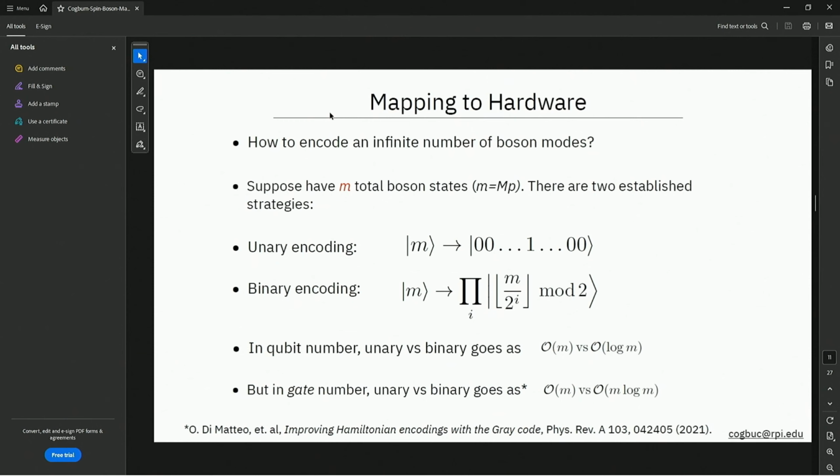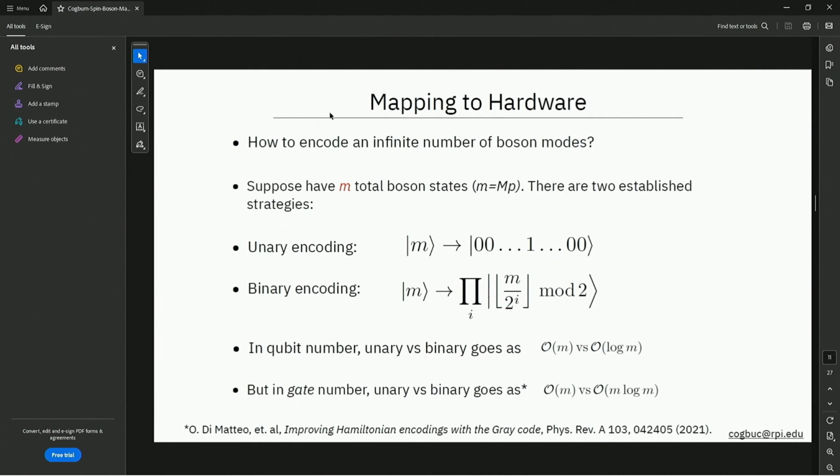It just says that if there are little m total bosonic states, we will need little m total qubits to simulate these states. This is in contrast to binary encoding, which is what you may intuitively think of when you think about modeling a spin system on a quantum computer, where you use just one qubit for one spin to represent, say, the up and down in the computational basis.